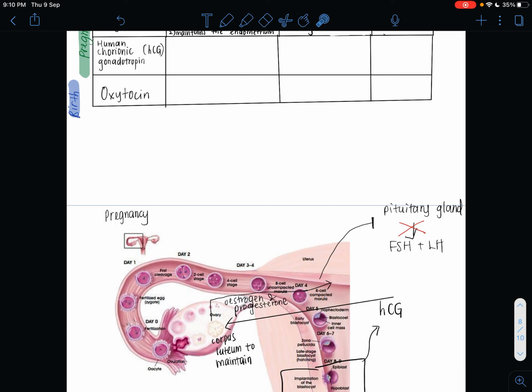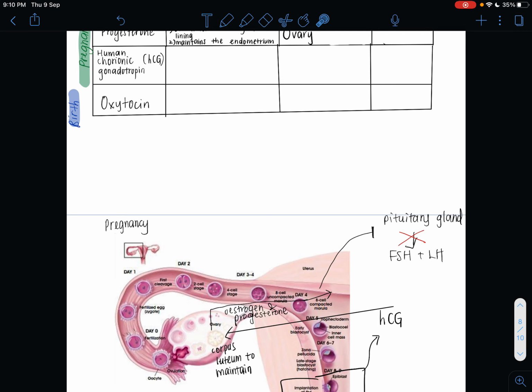So the corpus luteum is maintained so that the body will get a continuous supply of estrogen and progesterone that maintains the endometrium wall.